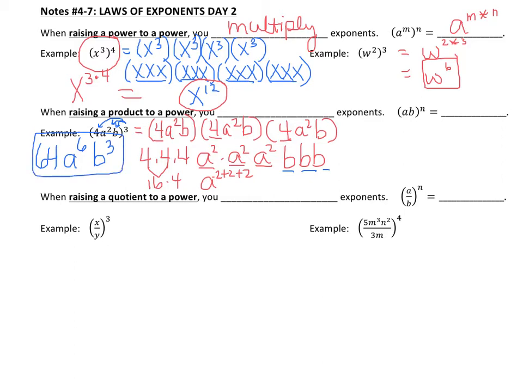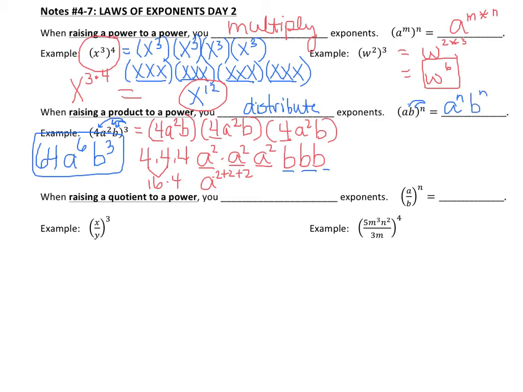So when raising a product to a power, you are going to distribute the exponents. So if you have a general case, a times b, all raised to the n power, you're going to distribute that exponent of n to both of those. So you're going to have a to the n power times b to the n power.